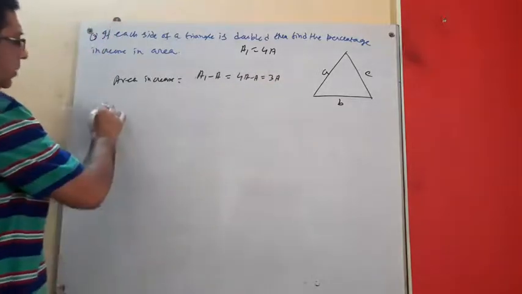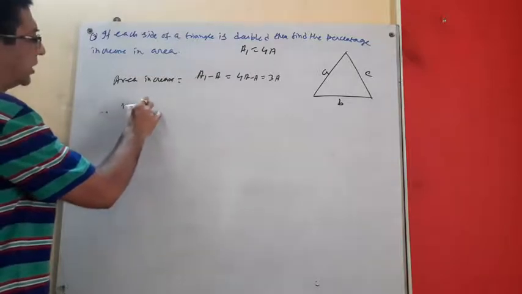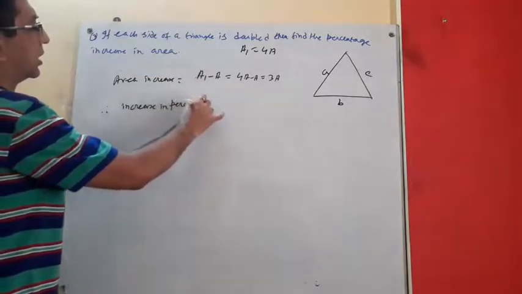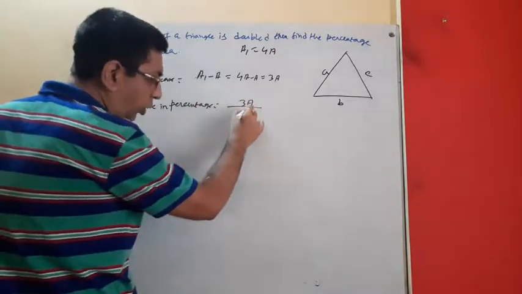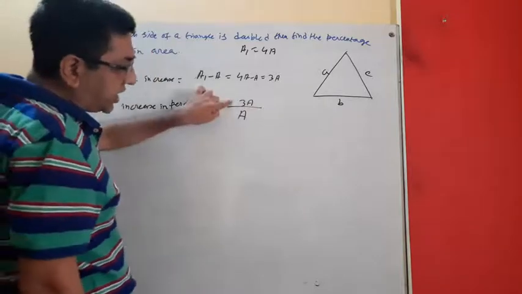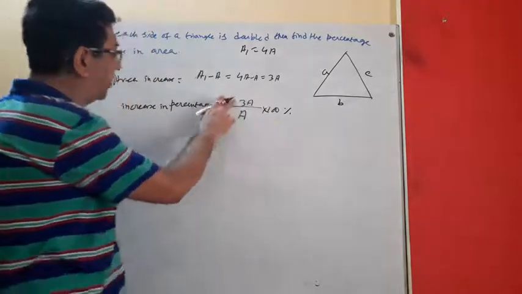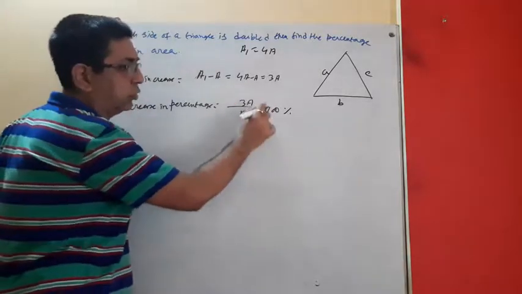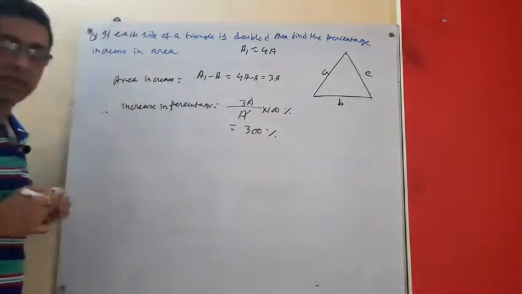So the percentage increase in area is the increase in area by original area into 100%. That is 300%. This is the answer.